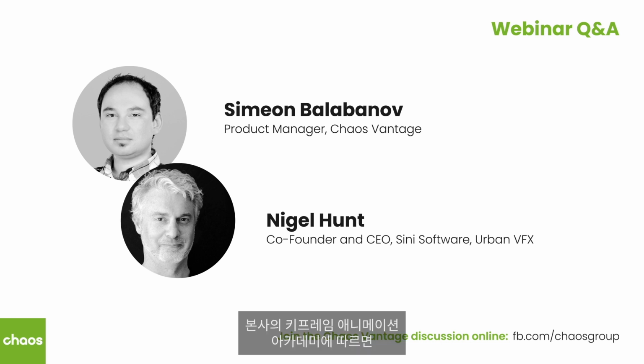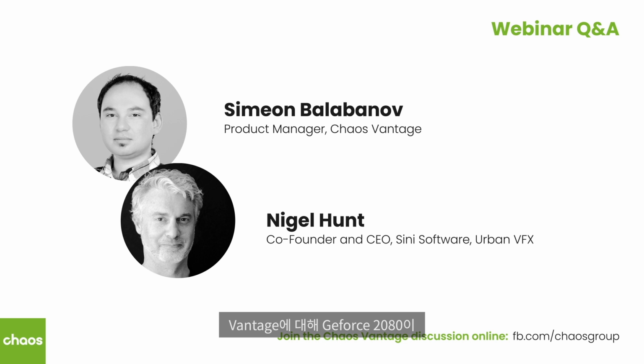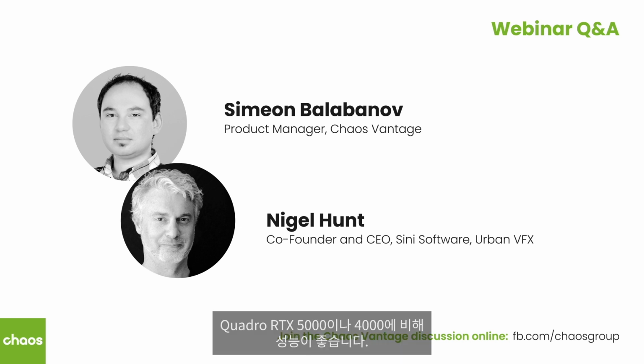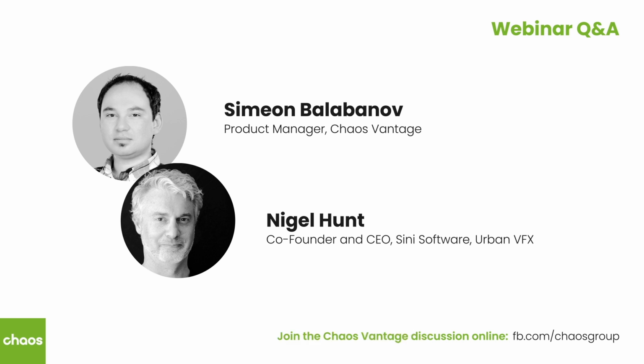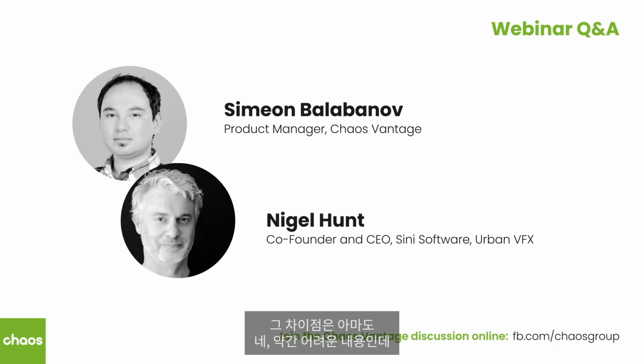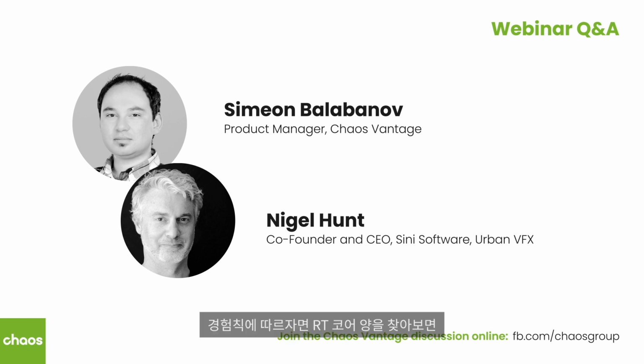And then we have Keyframes Animation Academy asking about Vantage: is the GeForce 2080 better versus the Quadro RTX 5000 or 4000? Yeah, it's a little bit difficult, but again, as a rule of thumb, look up the RT cores amount.